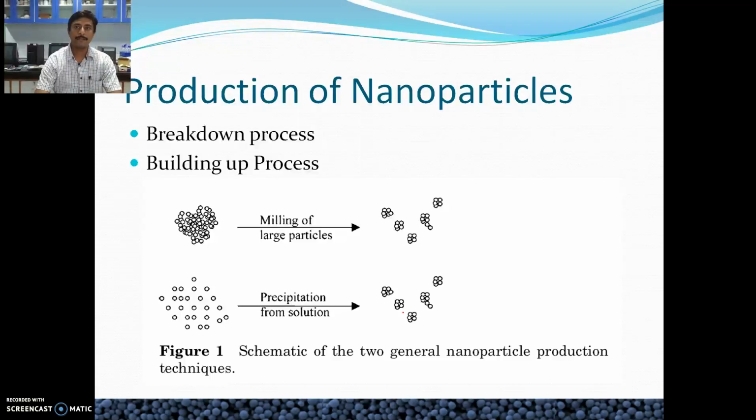Hence, to obtain nanoparticles in the 50 to 300 nanometer range for drug delivery, one requires of the order of 10^4 to 10^8 molecules in each particle.